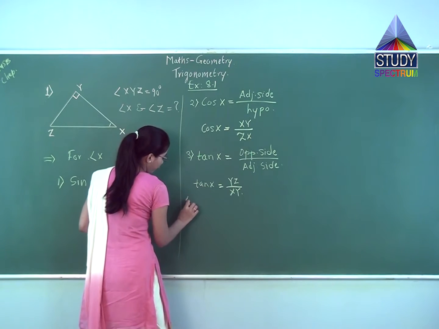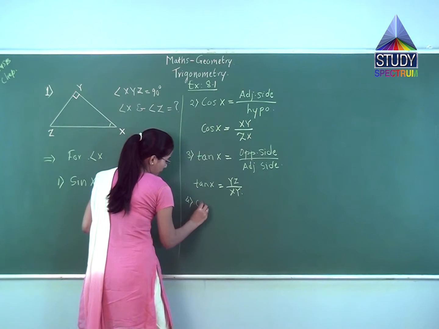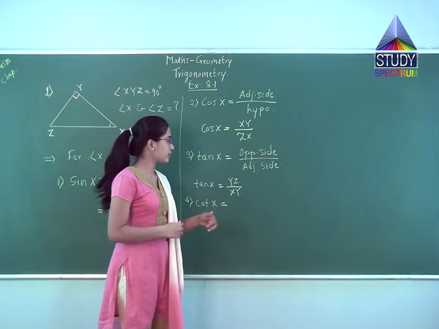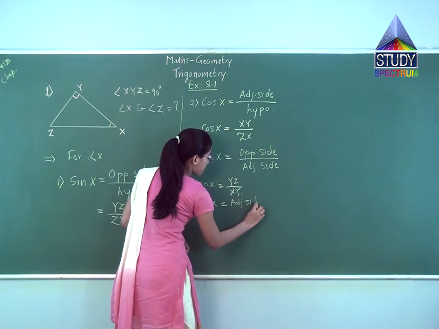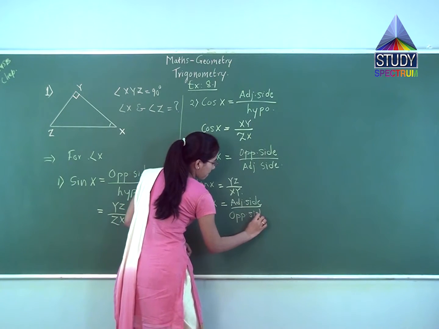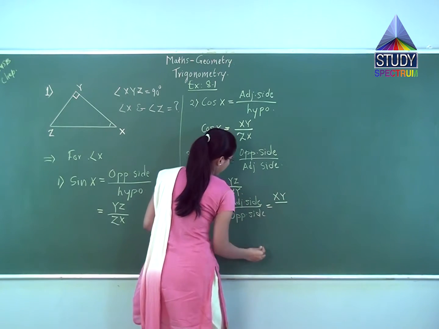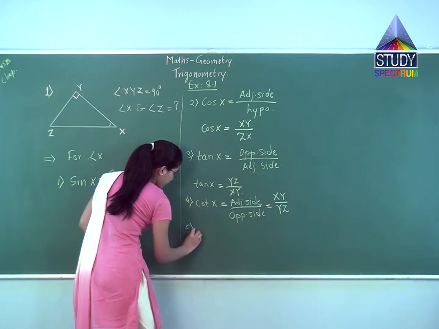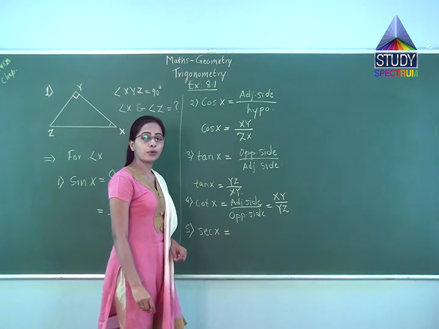Then the fourth trigonometric ratio, here we will take cot X. The formula for cot is opposite of tan, that is adjacent side upon opposite side. So it will be XY upon YZ. Fifth trigonometric ratio, sec X. Sec is opposite of cos.